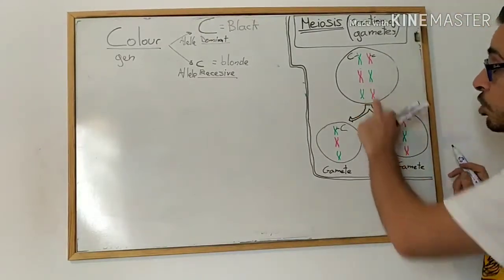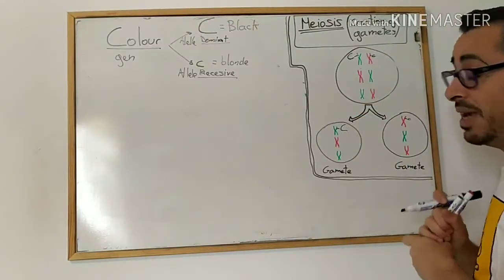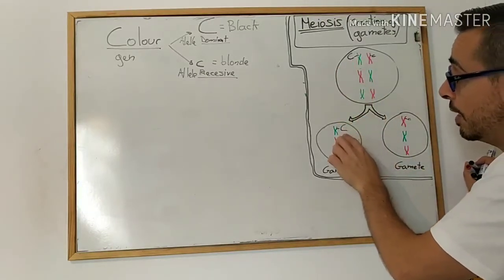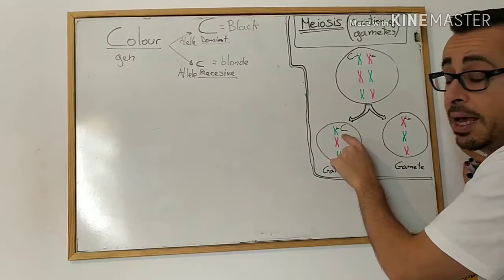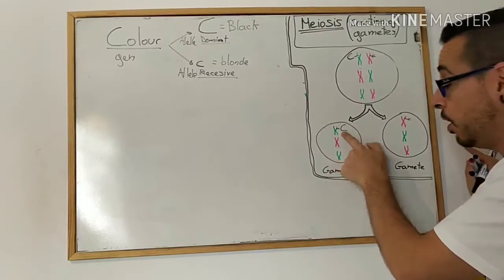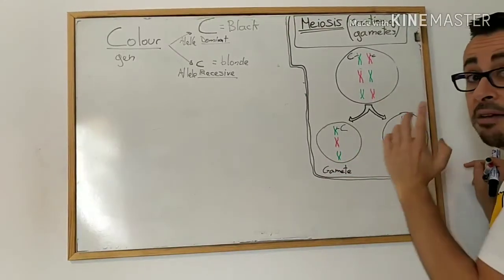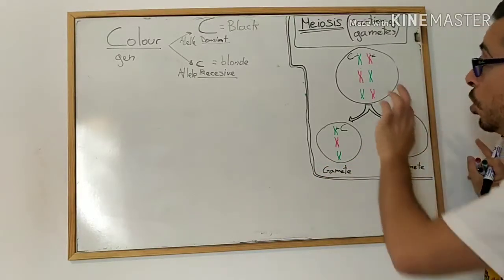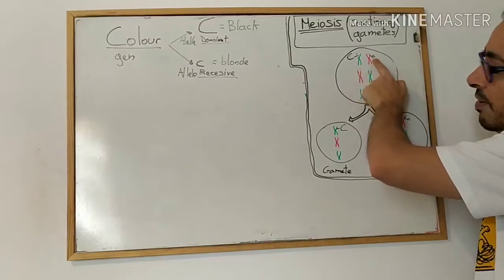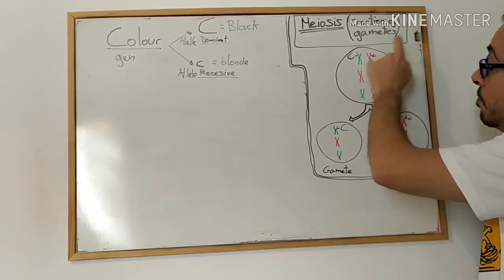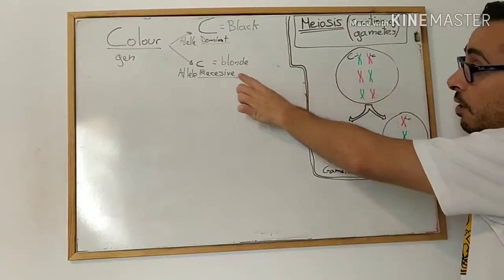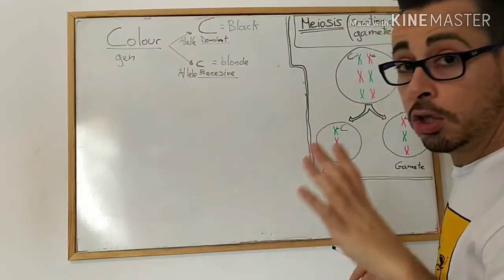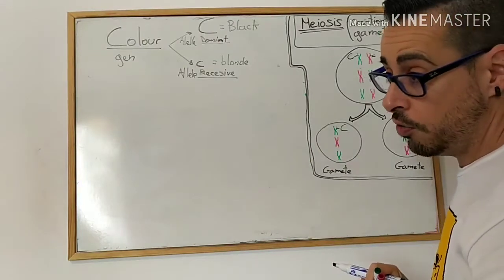So when I produce a sperm, this sperm can have the dominant allele or the recessive one. And if I have children with a woman which carries also the blonde allele, we could have blonde sons or daughters, okay?